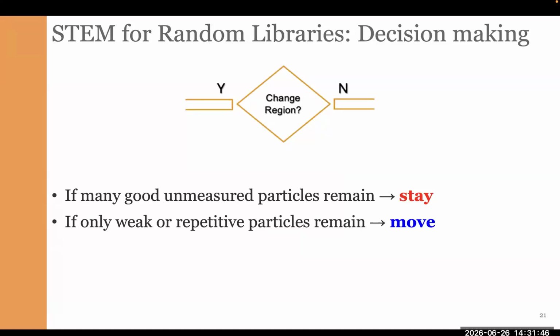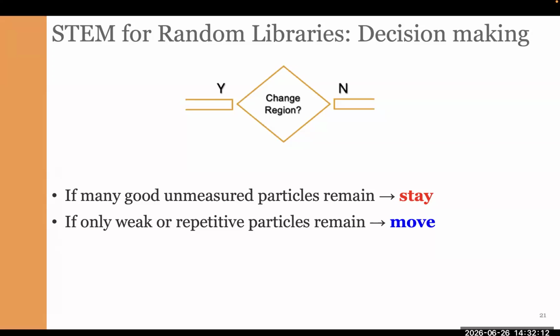In general, there are two intents you need to consider. The first intent: until you have many good unmeasured particles, meaning particles that have a composition far from those that were explored, or they're promising in terms of optimization, you stay within this region.